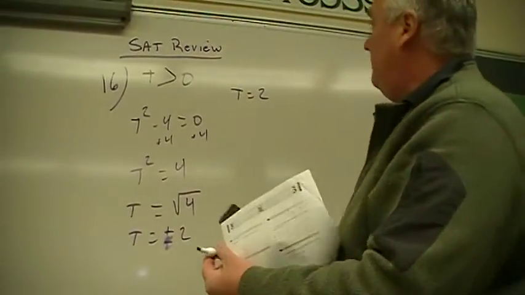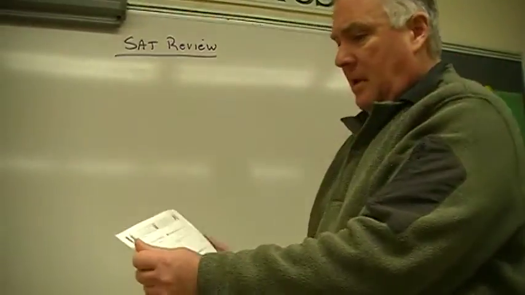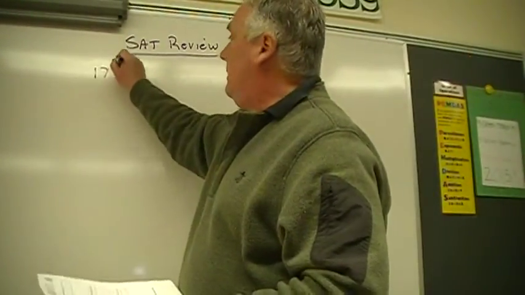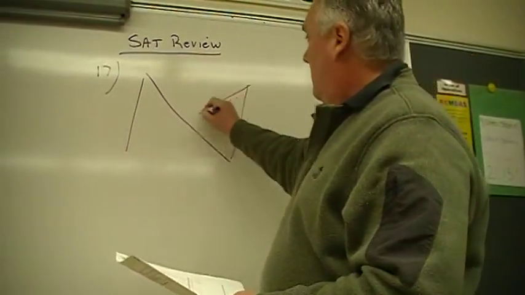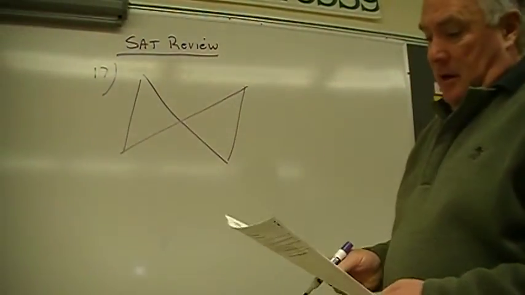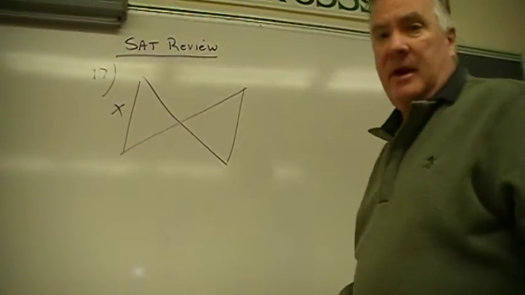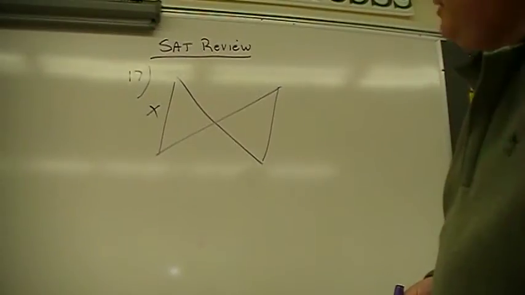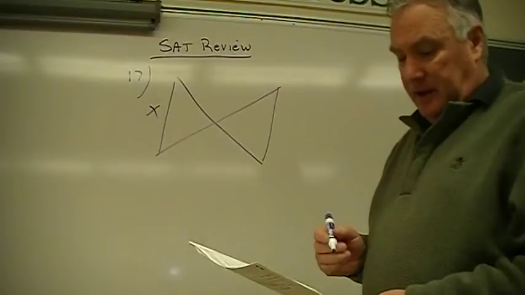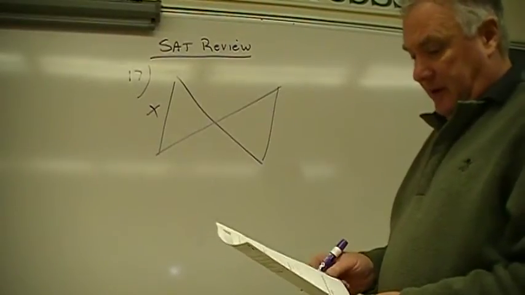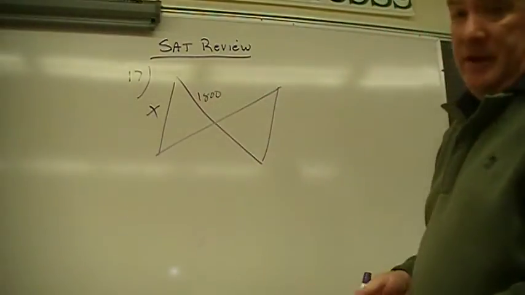The next one's a good one. Number 17. We have this, although it is a little bit different scale-wise, but the scale doesn't really matter for this. We're dealing with similar triangles. And it talks about finding the length of x. When you do the math, you'll fill in the given information.